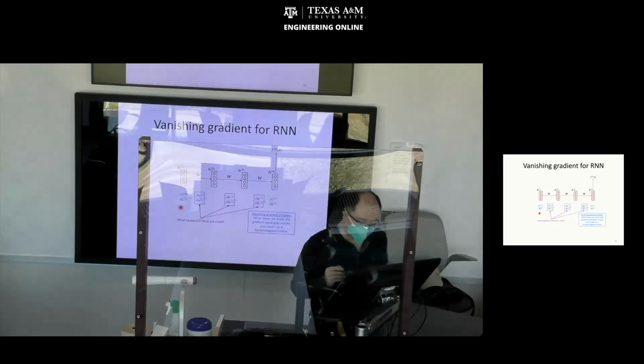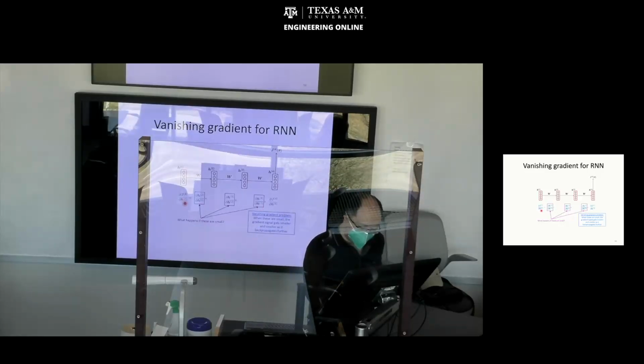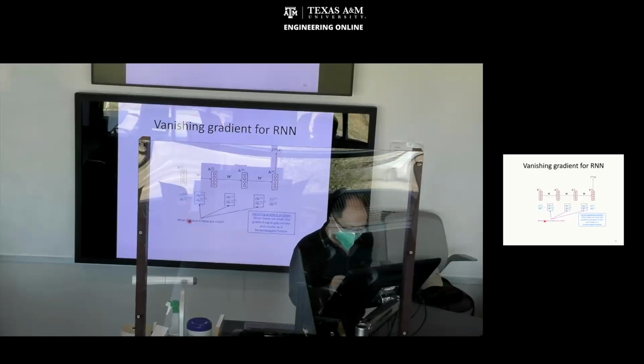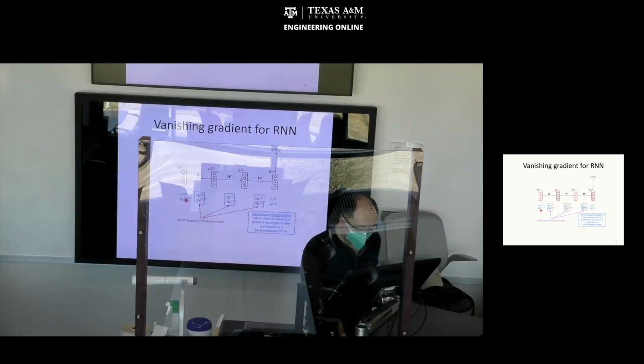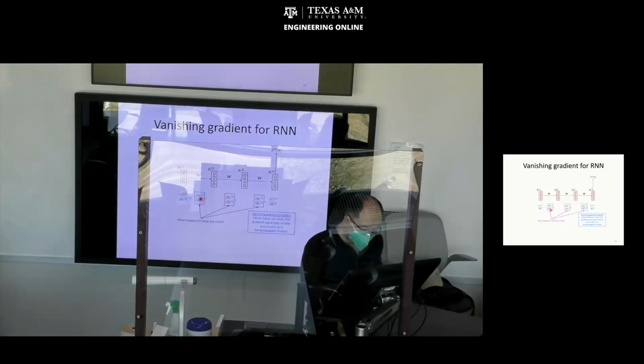And notice that I have these terms, and this is h1. So the number of such terms is related to which hidden state it corresponds to. The earlier the time point, the more multiplications I have. So now imagine, what if these terms are very small, right?